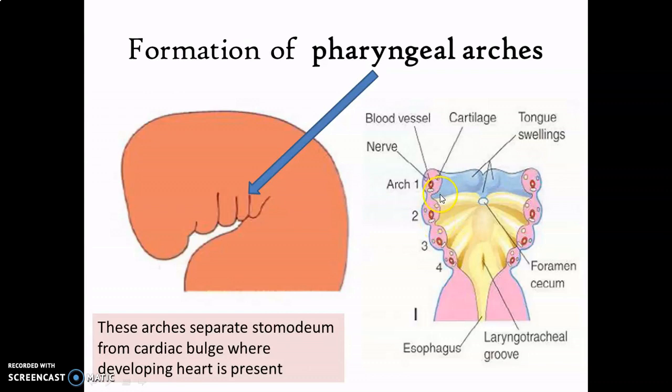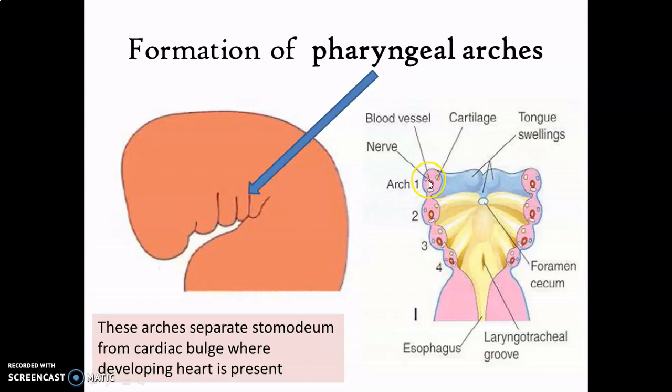So all these arches have their own innervation and blood supply, and they give rise to various structures. There are totally 6 such cylindrical thickenings initially, but the 5th and 6th arches are transient in humans.